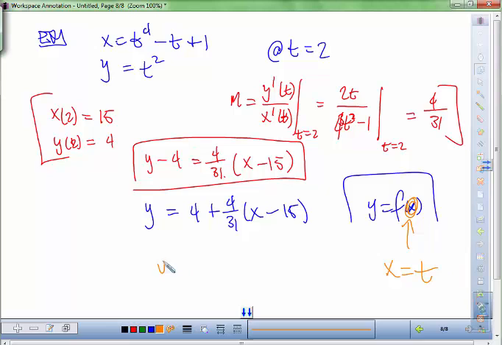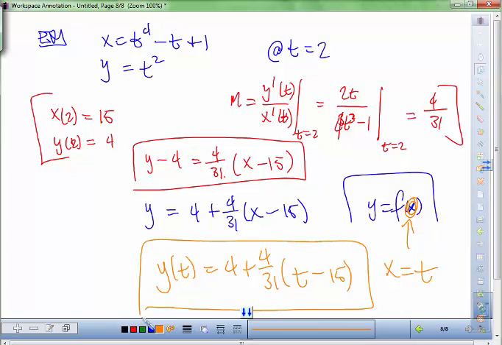And when you put that into your y function, now you have a y value that's also run by the parameter t. It used to be run by the variable x, but now you're just replacing x with t, and it's still going to draw the same graph. So it's going to draw the same graph, except now you have a t for your parameter, and x is equal to t.